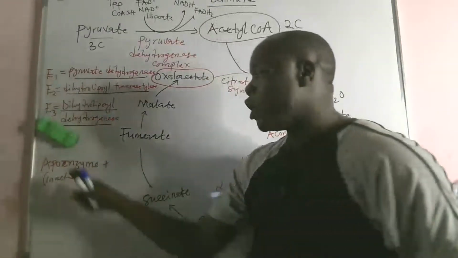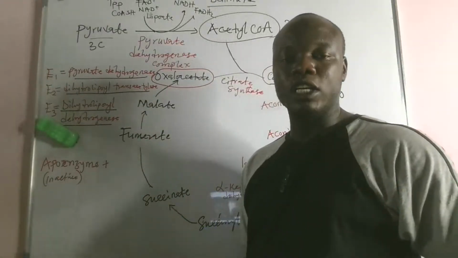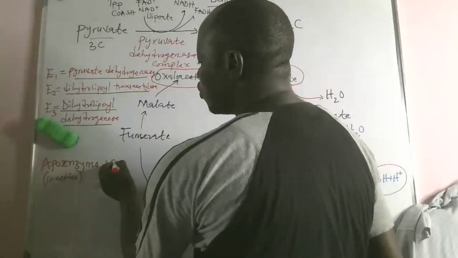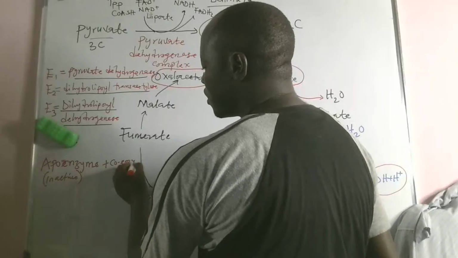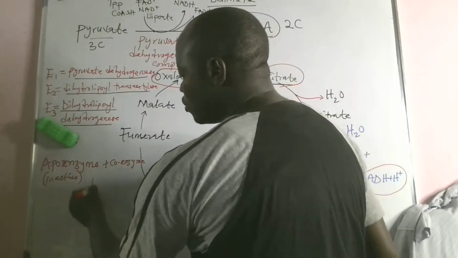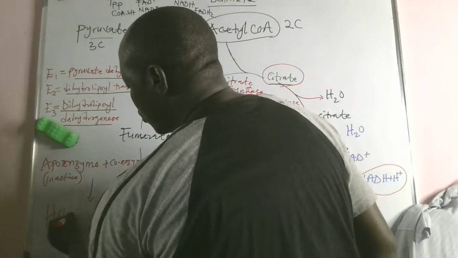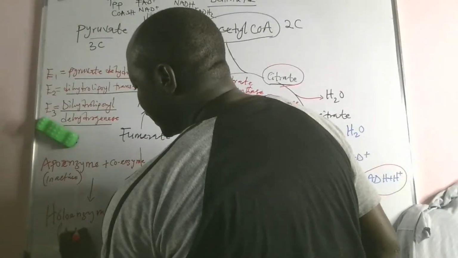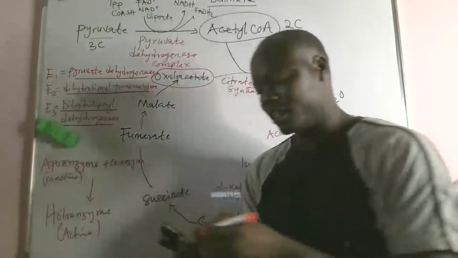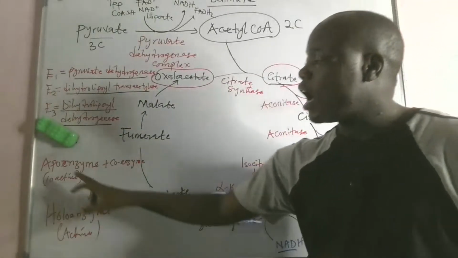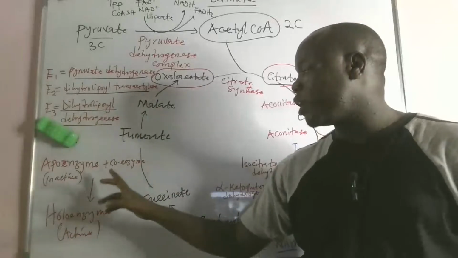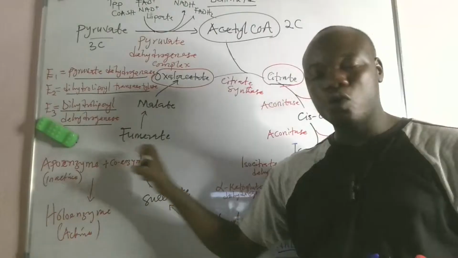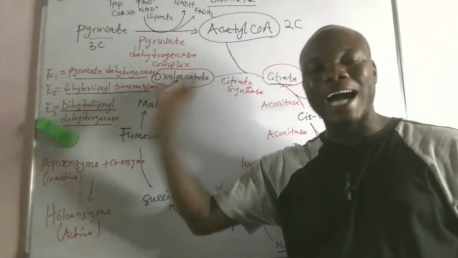The enzyme cannot work the way it is until there is a coenzyme. So apoenzyme plus coenzyme gives you what you call a holoenzyme. What is a holoenzyme? It is an active enzyme. It means that enzymes cannot work without coenzymes. The combination of apoenzyme and coenzyme is what gives you an active enzyme.